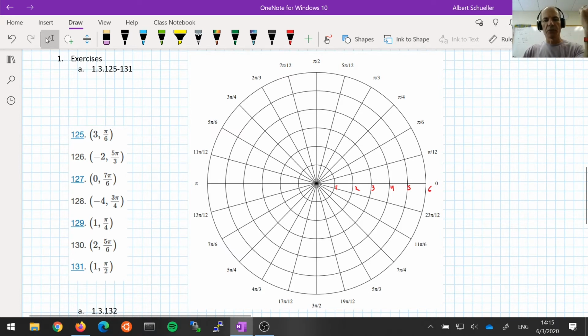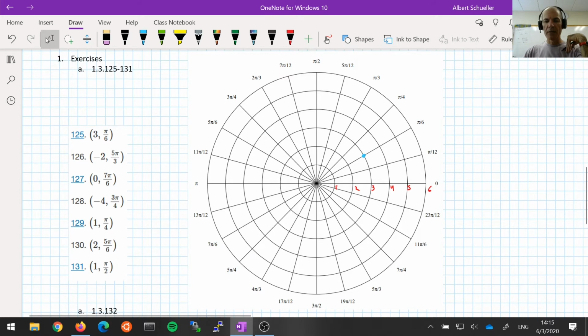So r is equal to 3 in problem 125. R is equal to 3, so we go out to the third concentric circle. And the angle is pi over 6. So we're going to put 125 here: 1, 2, 3, and out at pi over 6. There's 125.